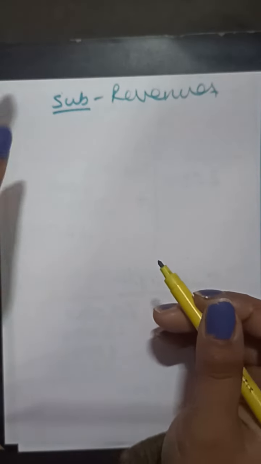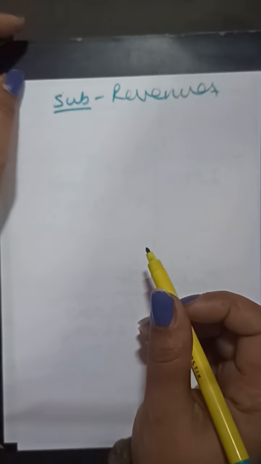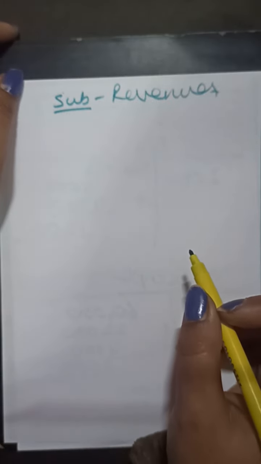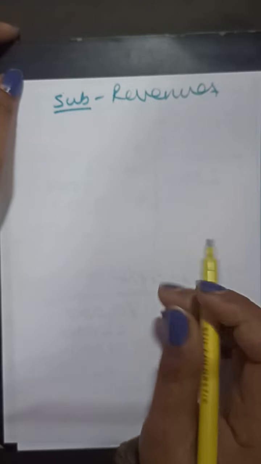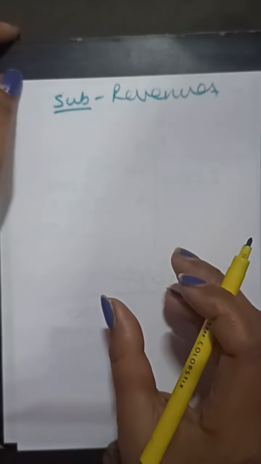See children, we have discussed what a receipt and payment account is. We record on the receipt side whatever is received. So if rupees 1000 is received, we record it on the receipt side, the debit side of the receipt and payment account.